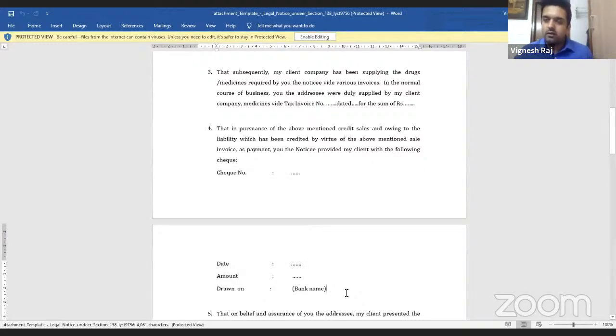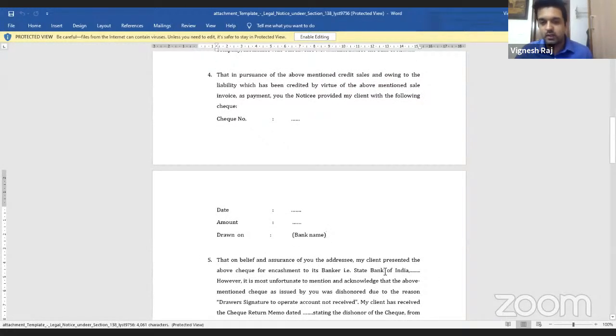And you will also go on to state that based on the assurances that you have received from the accused, you had presented the check towards discharge of debt or liability, only to find that the check has been returned with an endorsement by the bank stating funds insufficient or any other basis stated by the bank.